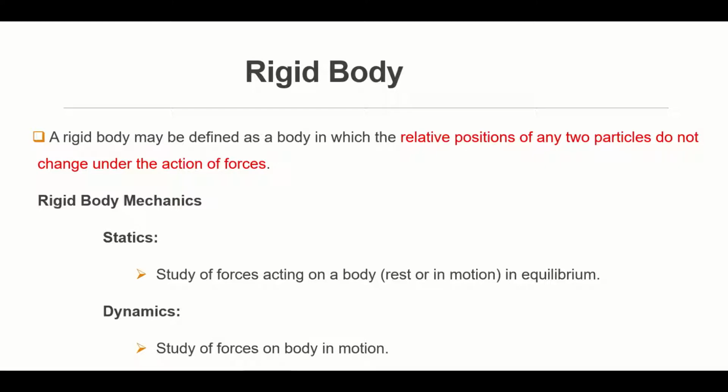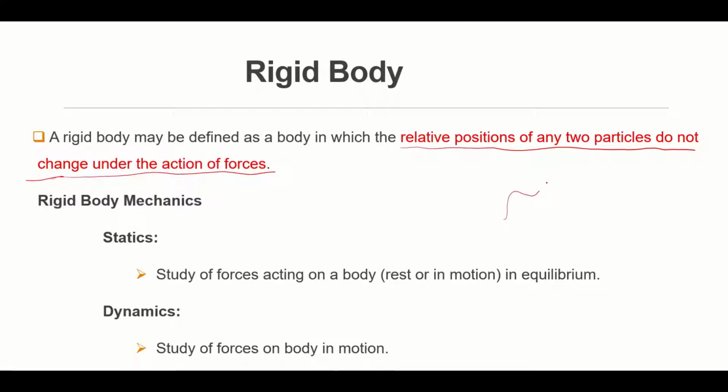Rigid body എന്താണെന്ന് ചോദിക്കാറുണ്ട്. Basically a rigid body is defined as a body in which the relative positions of any two particles do not change. Relative position will not change.